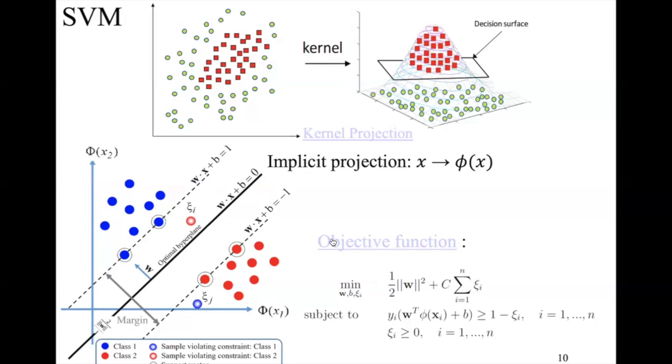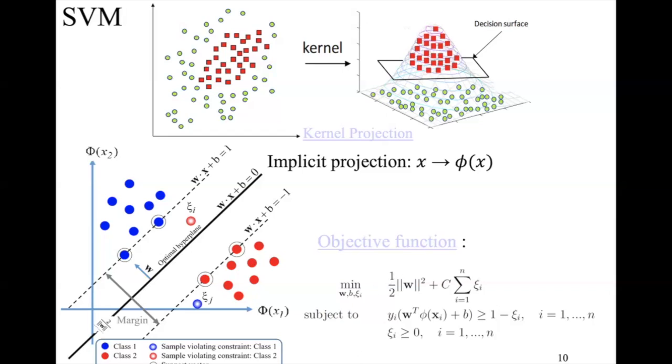Our purpose is to maximize the margin, and the margin is 2 over the L2 norm of the weight. Actually, it's equivalent to minimizing the L2 norm of the weight.